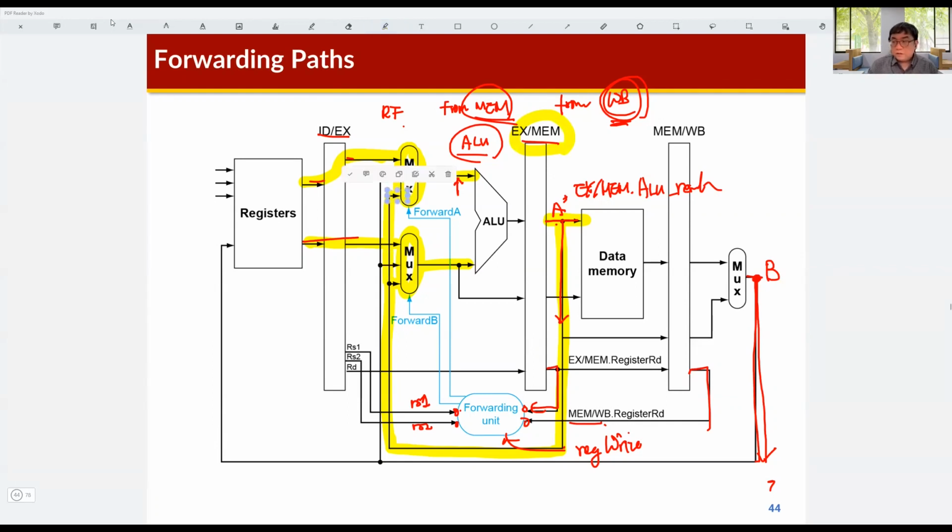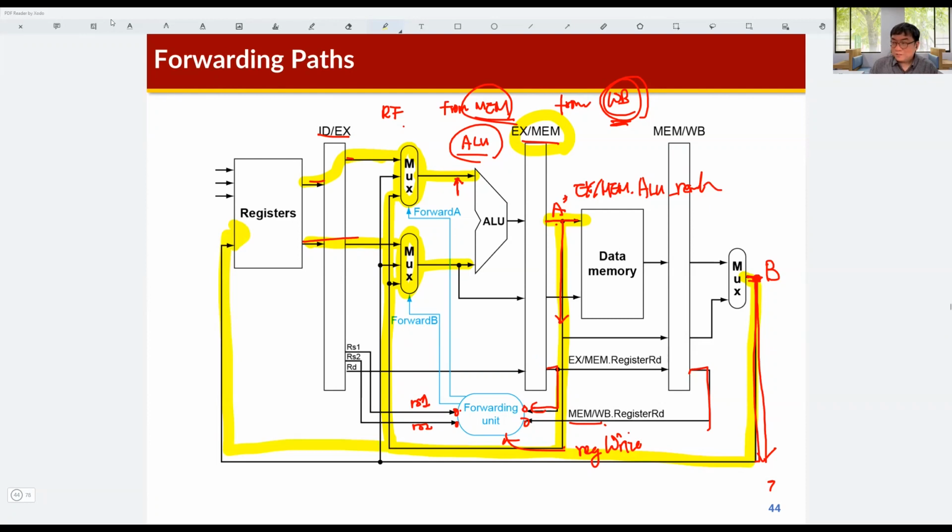The data can also be forwarded from the write back stage. This is the final result from the former instruction, and this result will be written back to the register file.